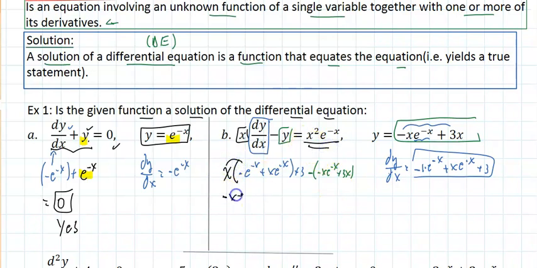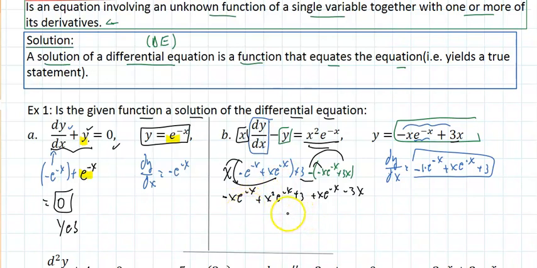That is negative x e to the negative x plus x squared e to the negative x, plus 3. I'm sorry, yes, plus 3. Right. Distribute that in. That is plus x e to the negative x. Distribute that in. Minus 3x. And how does that work?